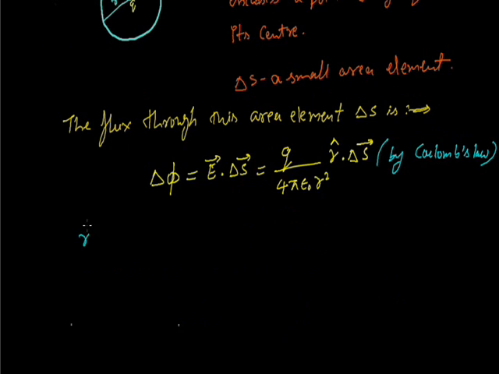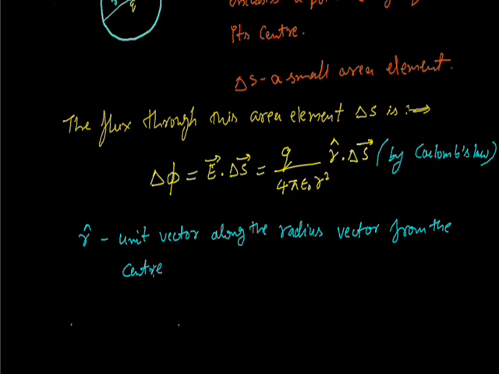Here the r cap is a unit vector along the radius vector from the center to the area element delta s.